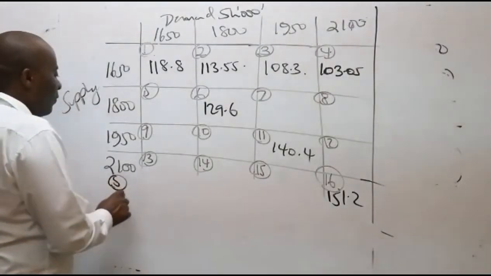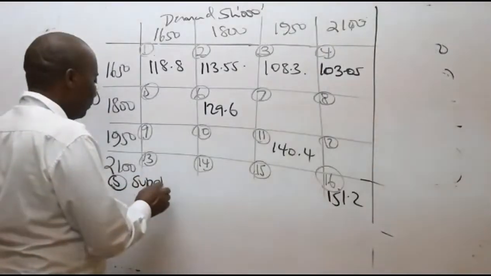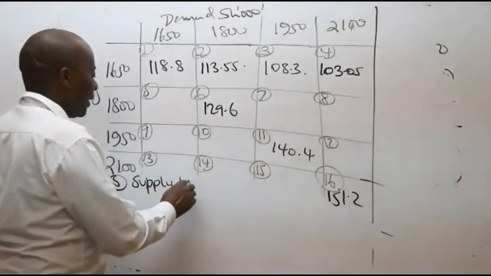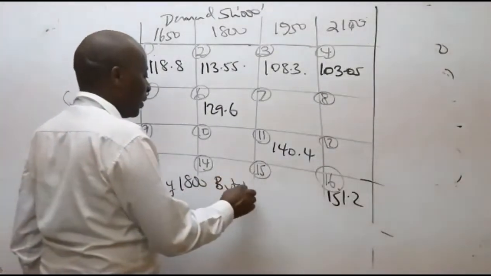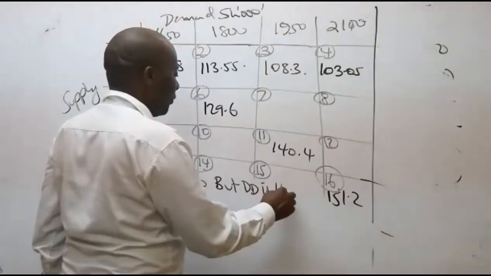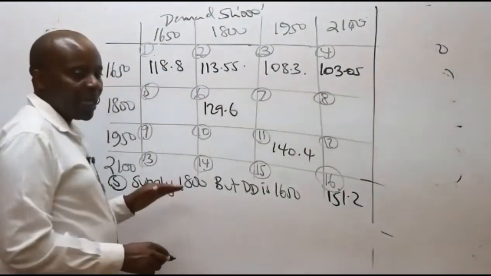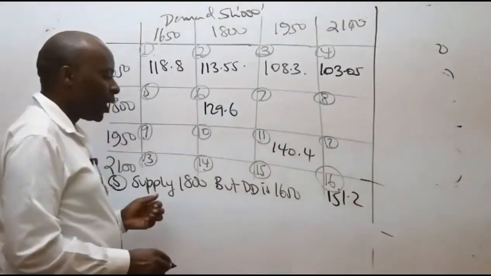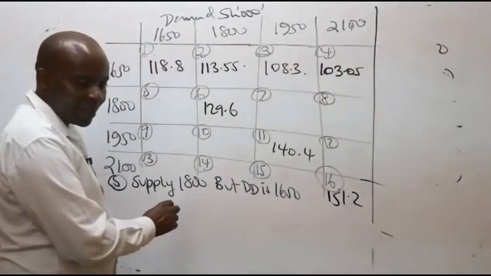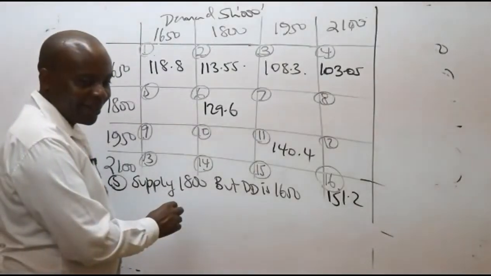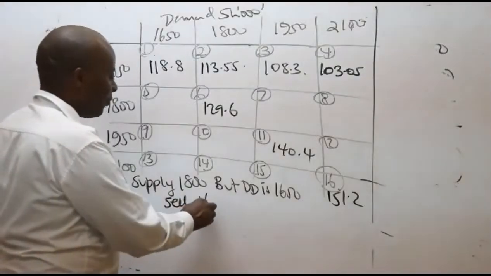And for cell number 5, ladies and gentlemen, we have supplied 1800, but demand is 1650. So of course you'll compare supply and demand, and the effective one will be the lower. So in this case here, sell the lower, sell 1650.